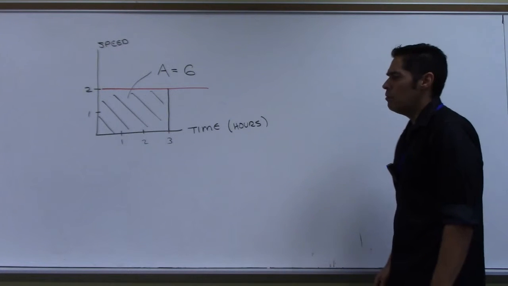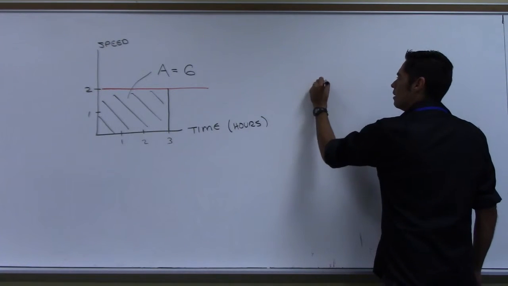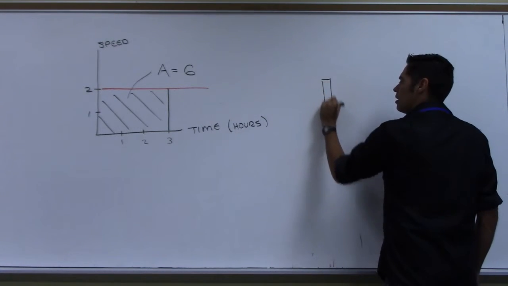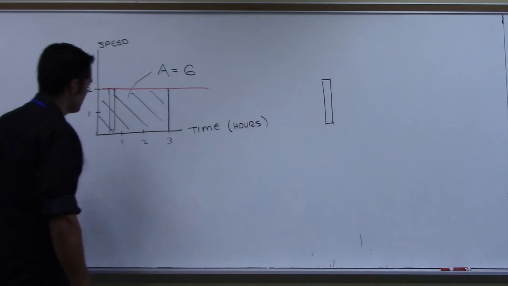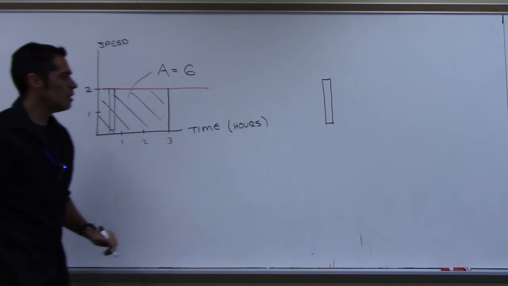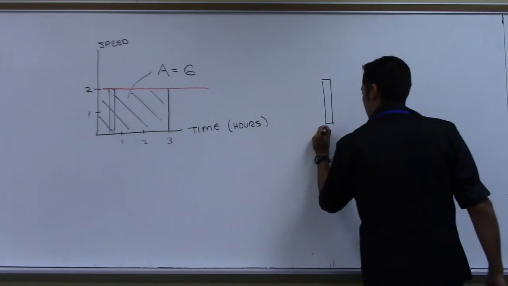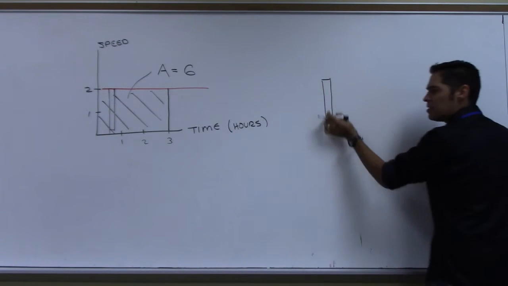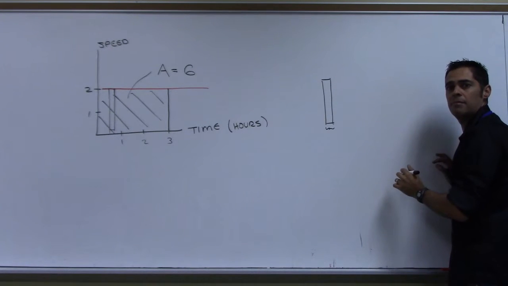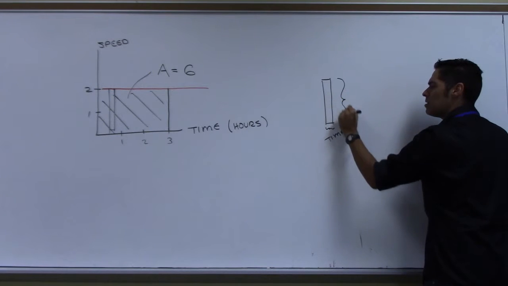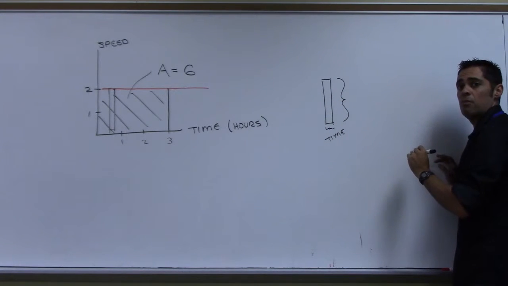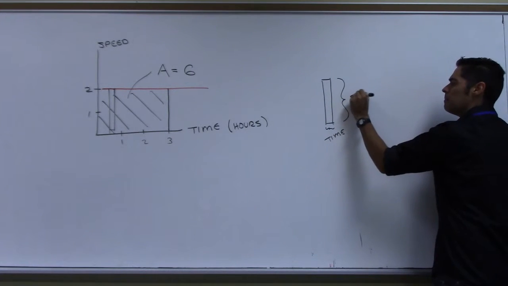Now, why? Well, just think about if I took just a slice of this. Imagine I just take a little slice of it. Would you agree that the width of this slice is a measurement of time? Yes? This is a time measurement. And do you agree that the height of this slice is a measurement of speed?